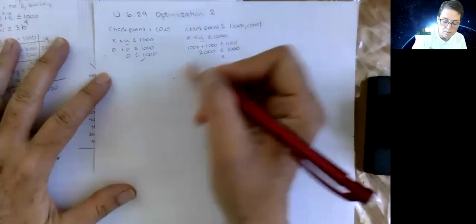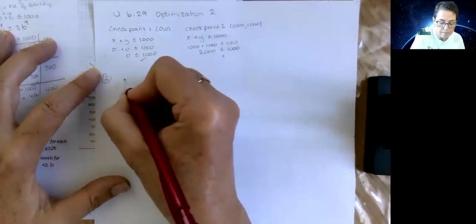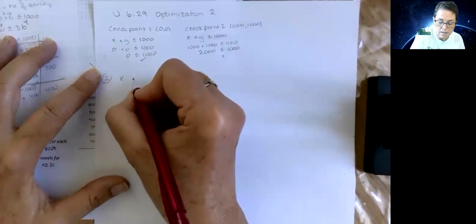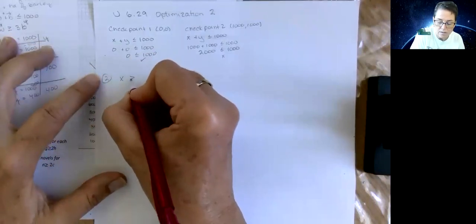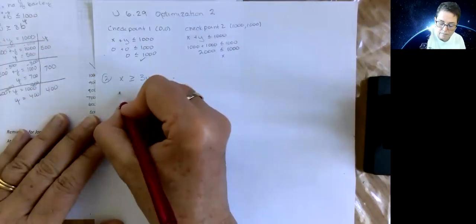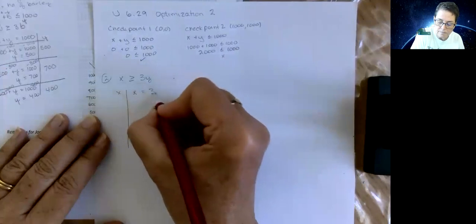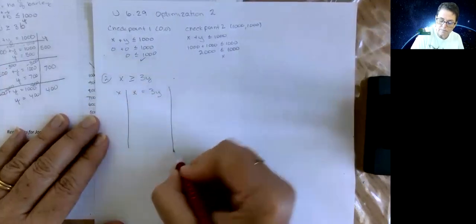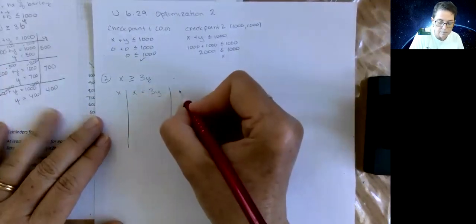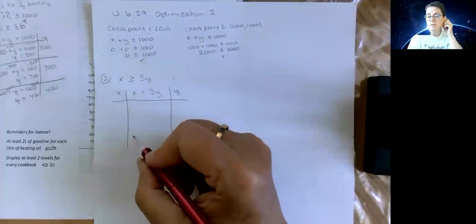okay, number 2 was x is greater than or equal to 3y. Now I could do the 0, 1, 2, but here's the ticket.